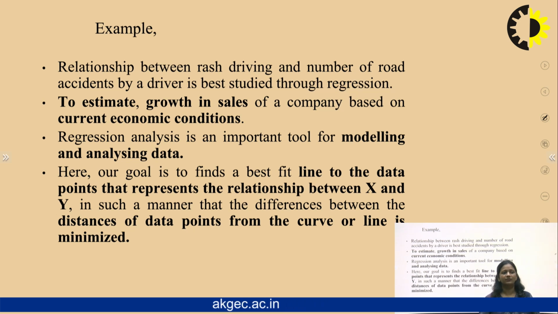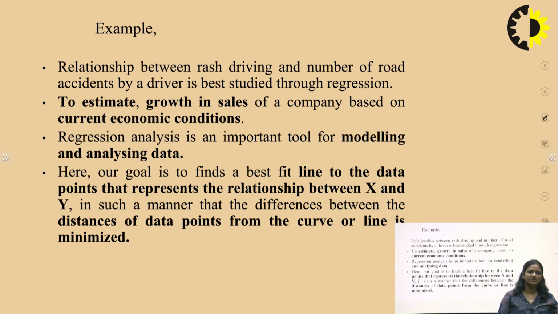In this case, rash driving is the independent variable and the number of road accidents is the dependent variable, because it is dependent on the independent variable, that is rash driving. When we do rash driving, then of course the chances of road accidents increase. So the number of road accidents is a dependent variable which depends on rash driving, the independent variable which we denote by x.